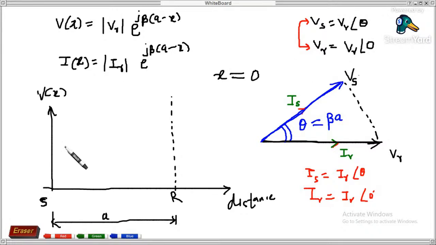So I can say that you will get the same voltage at every point. This is your receiving end voltage, this is your sending end voltage. So you can see this is nothing but a flat one, correct?